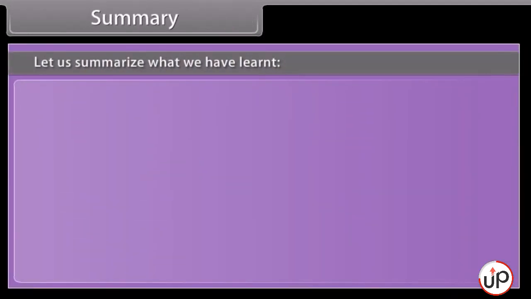Summary. Let us summarize what we have learnt. If A is equal to [aij] m by n, then A dash, or transpose of A, is equal to [aji] n by m.